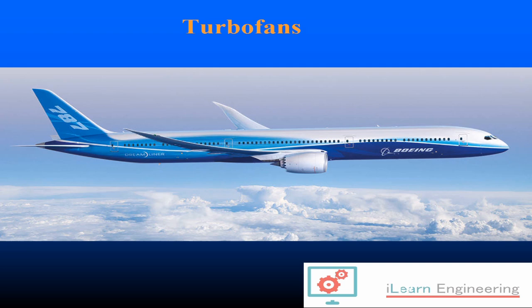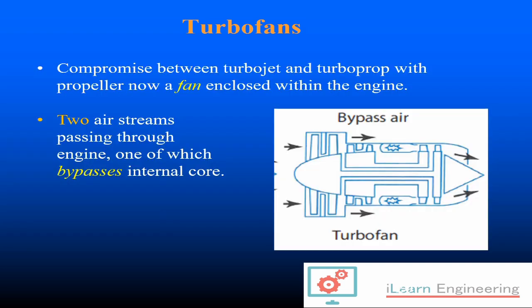So turbofans are essentially a compromise between a turbojet and a turboprop, in that the propeller is now a fan enclosed within the engine, and that produces 2 air streams. So here's the fan, which was the propeller. Now it's encased, so it becomes a fan, and some of that air gets bypassed around the outside of the main engine, and some of it goes through the central engine as it did before.